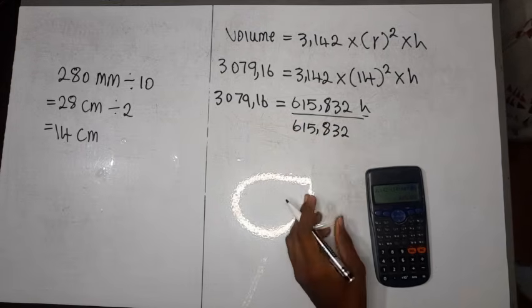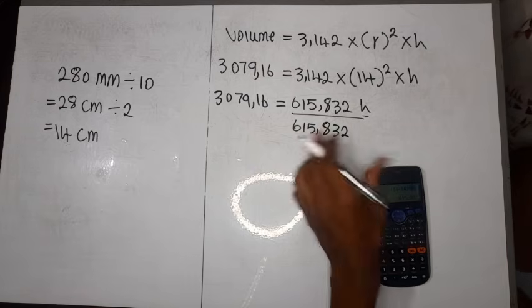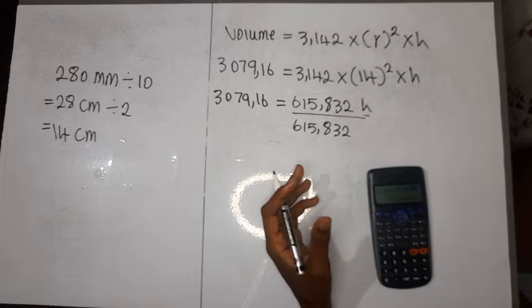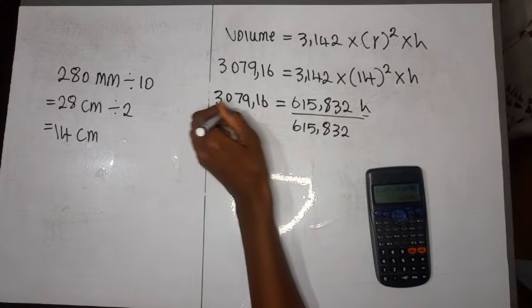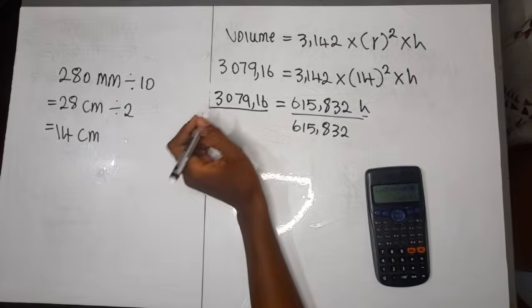So divide the side by 615.832, and because we have divided by this number on the one side, that means that we also have to divide by it on the other side as well.